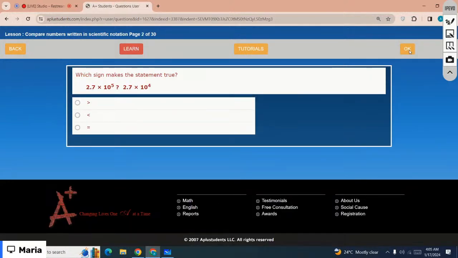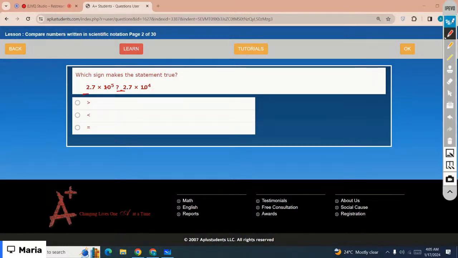Which sign makes the statement true? The first thing is to look at their exponents, 5 and 4, right? So 5 is greater than 4.